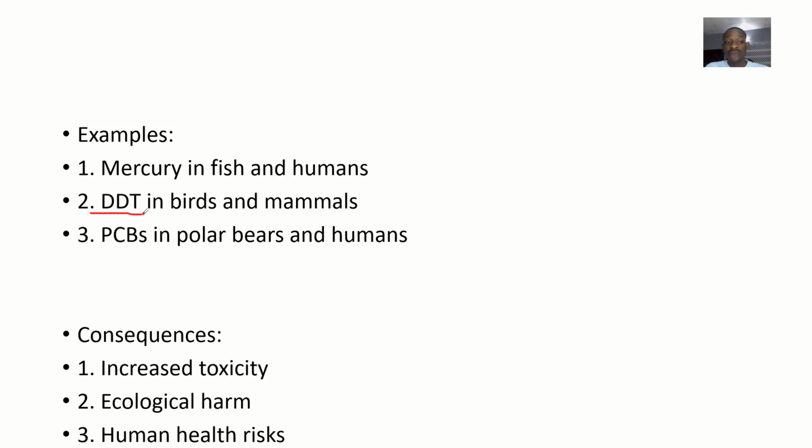Or if you want to show the examiner that you know the abbreviation, write DDT and write in brackets the full thing. So the full meaning of DDT is dichlorodiphenyltrichloroethane. There could also be the PCBs. The full meaning of PCB is polychlorinated biphenyls.